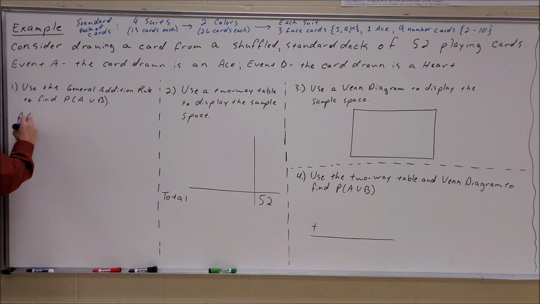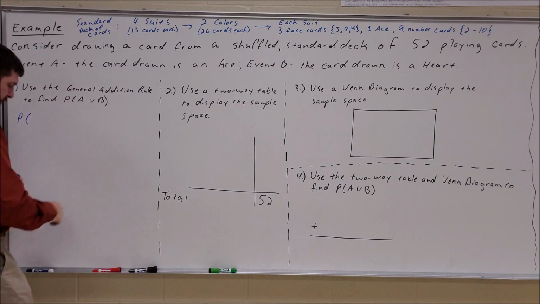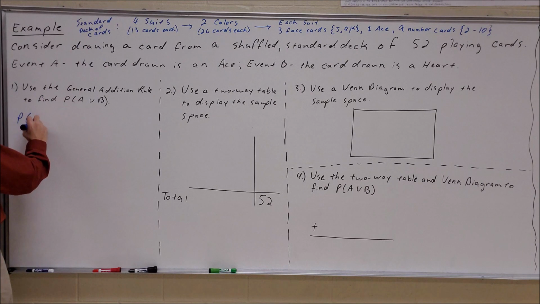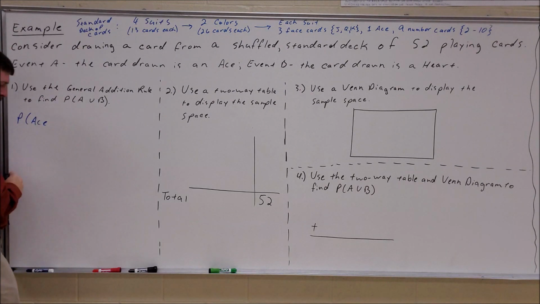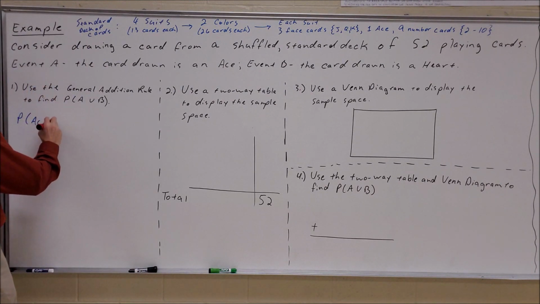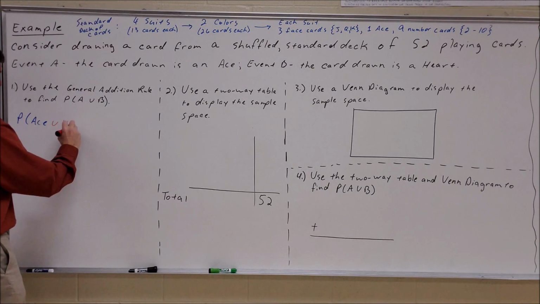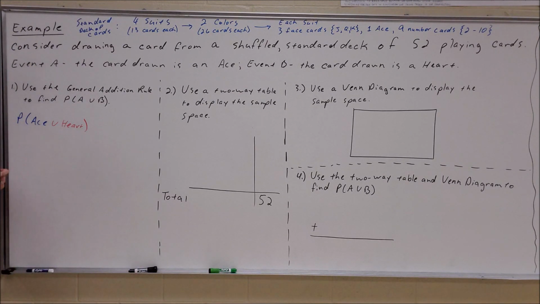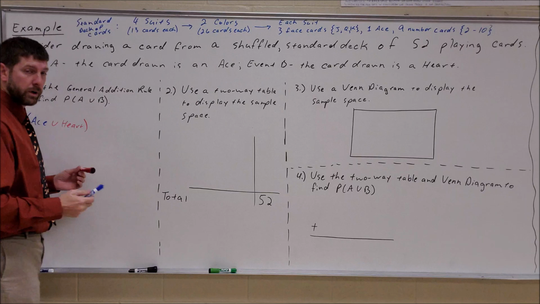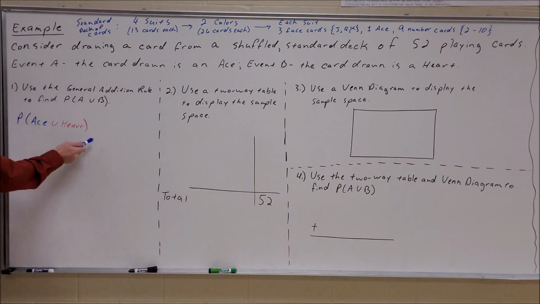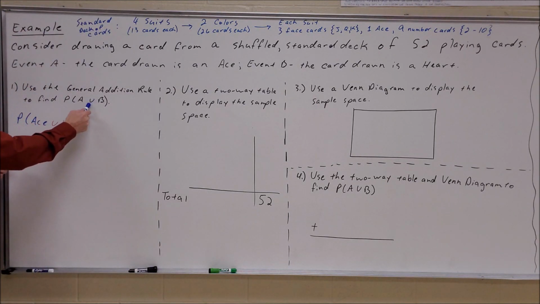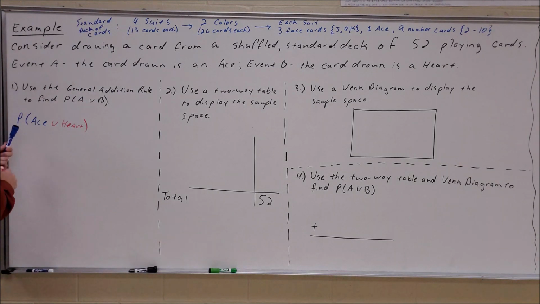Well, what is the probability of A? A was the event that we get an ace. And we want to look at how that relates to getting a heart. An ace or a heart. Now, we remember that A union B is going to be OR, right? That just tells us to add them individually.